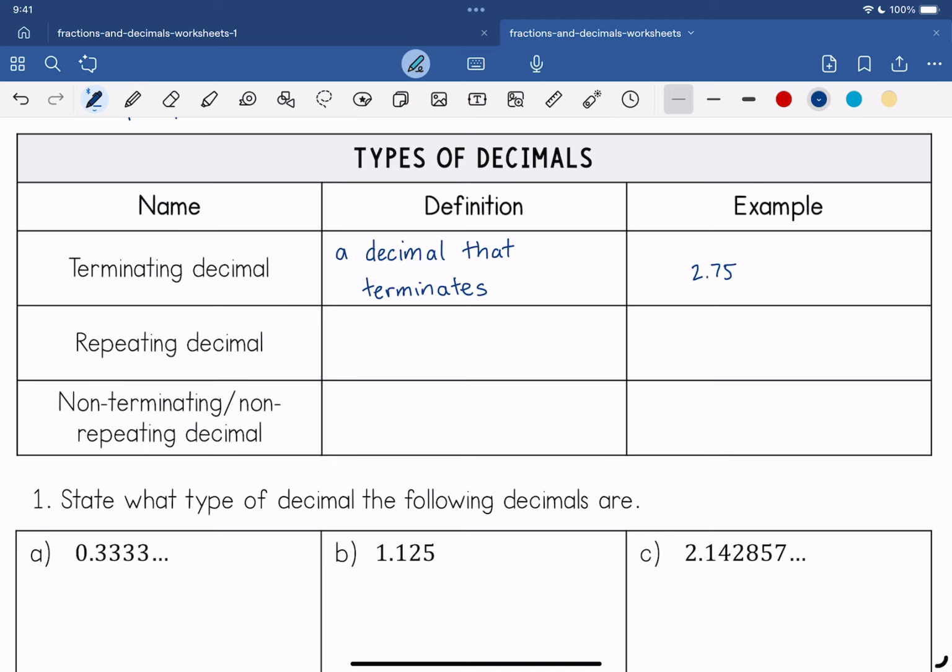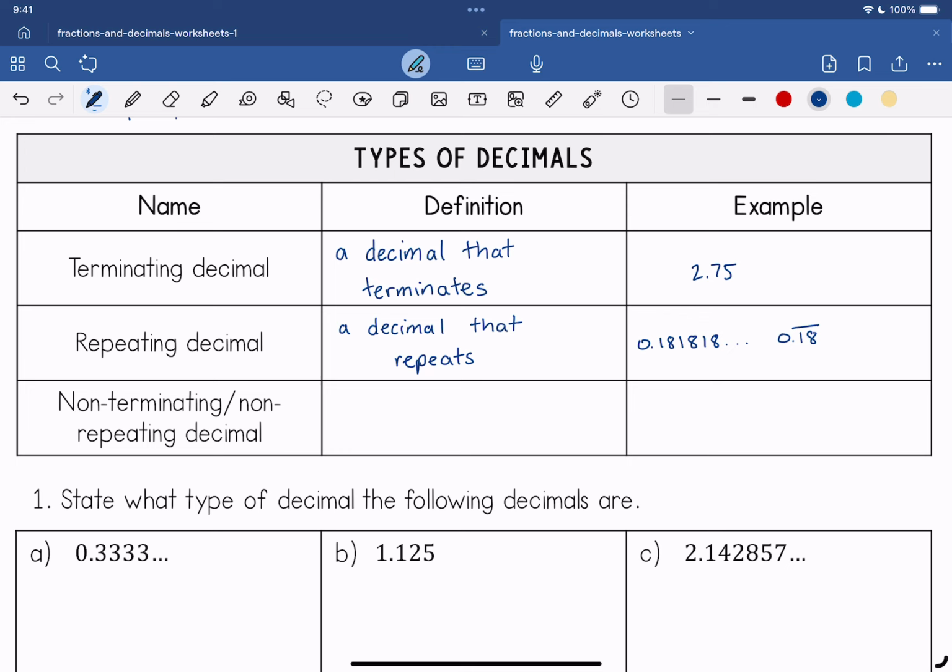A repeating decimal is a decimal that repeats. For example, 0.181818. And if it continues on, you can also write it as 0.18 with a line on top.